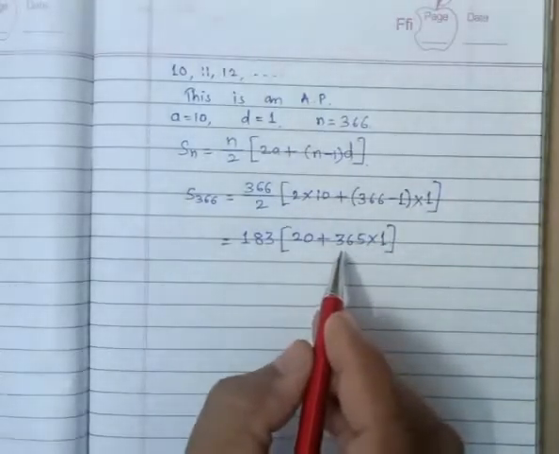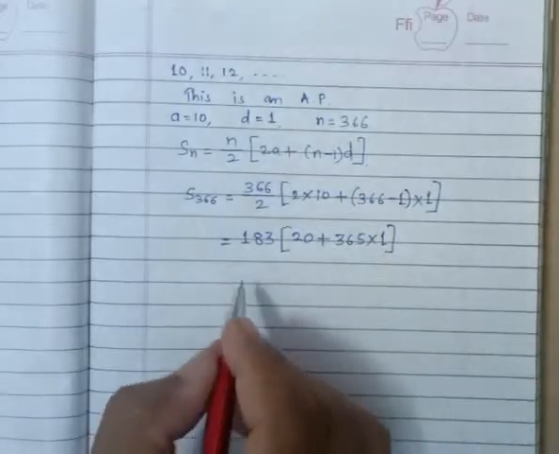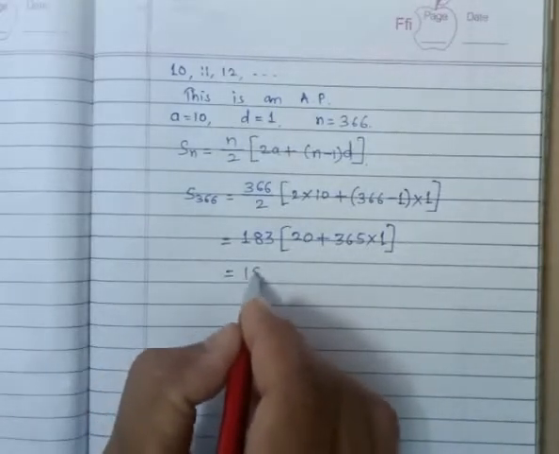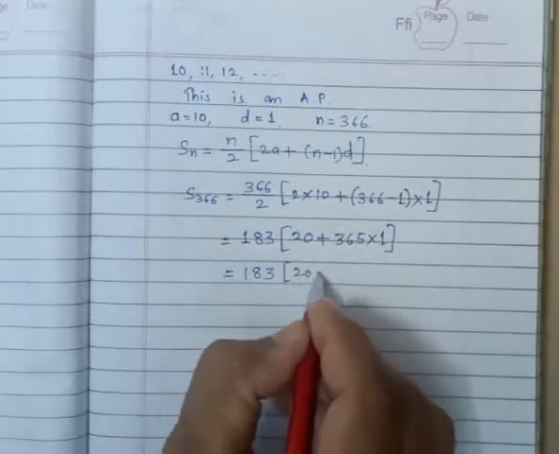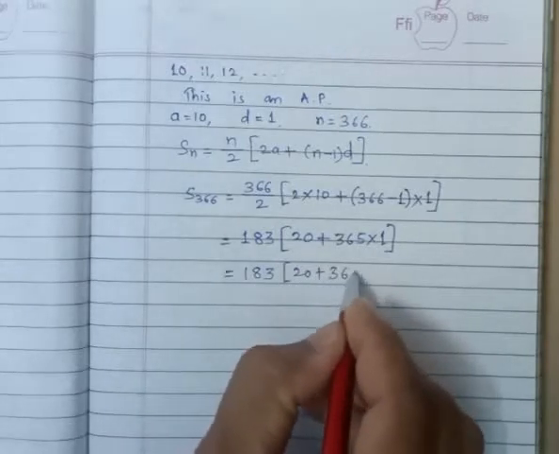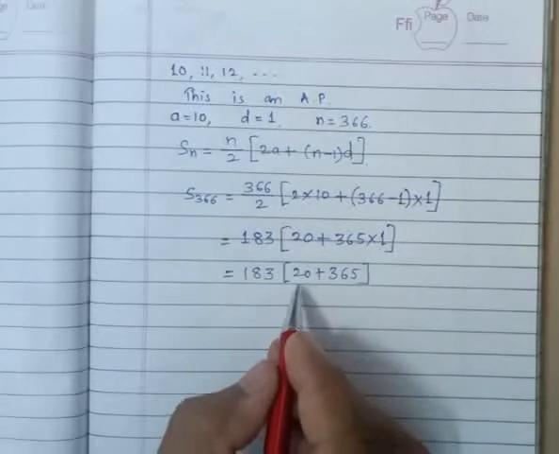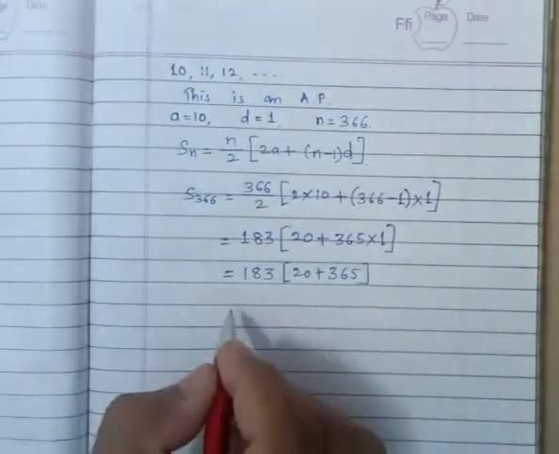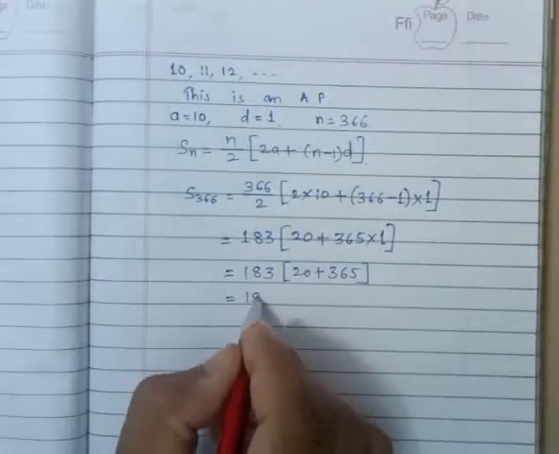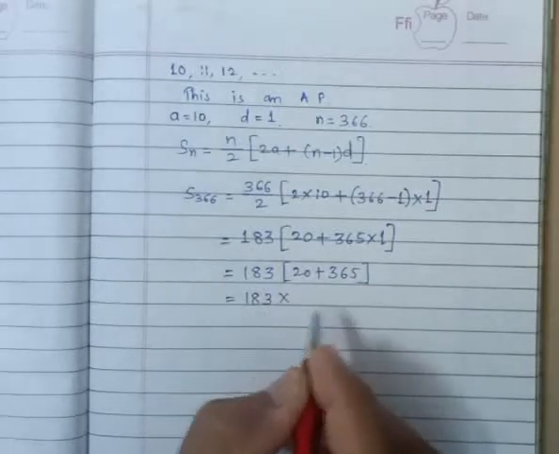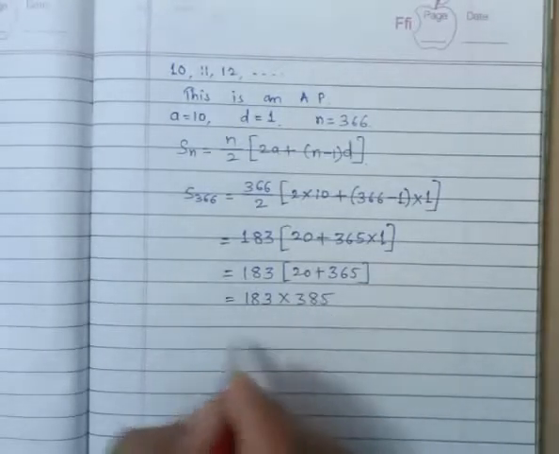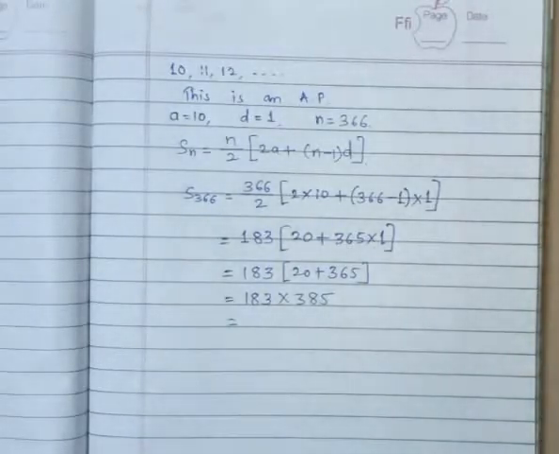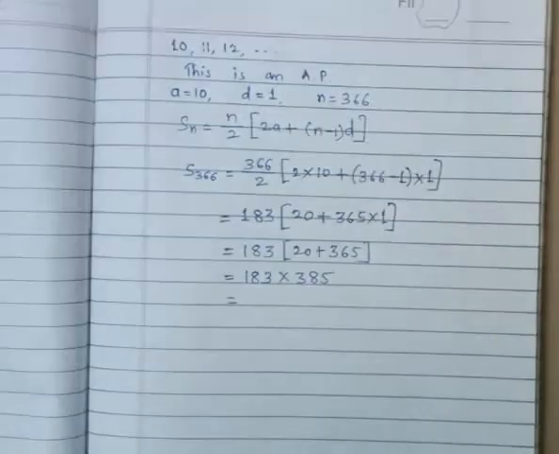Now first take the product 365 multiplied by 1, that is equal to 183 in bracket 20 plus 365. Now take the sum of 20 plus 365. Therefore it is equal to 183 multiplied by 385. Take the product of 183 multiplied by 385.